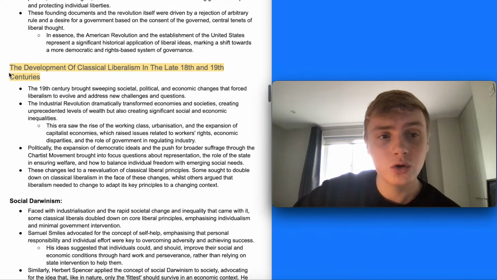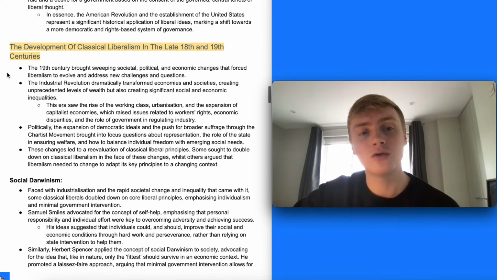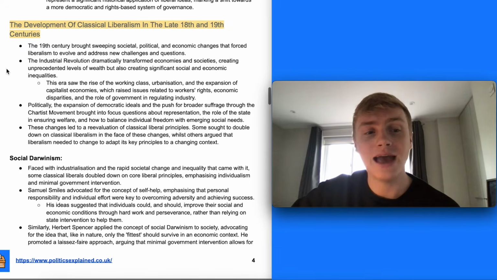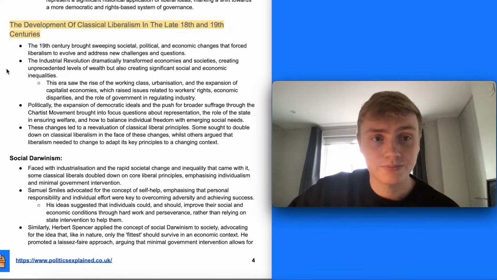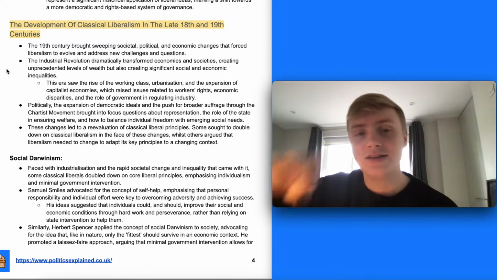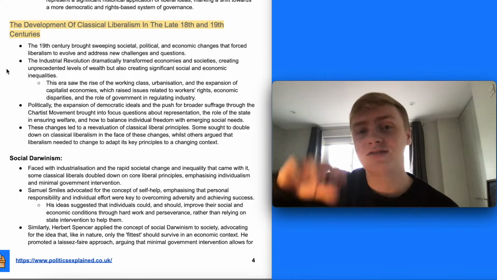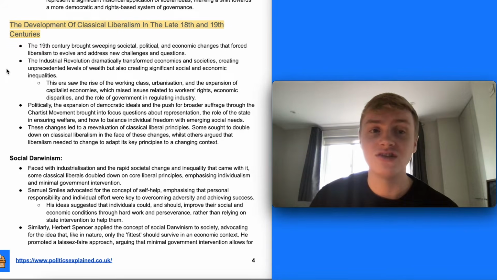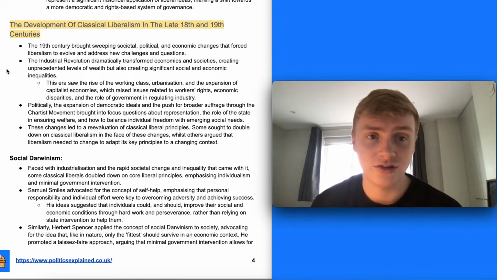So what we're going to have a quick look at now is how classical liberalism developed in the late 18th and 19th century. And this is really important to understand because the 19th century brought big societal, political and economic changes that forced liberalism to evolve and to address new challenges and questions.